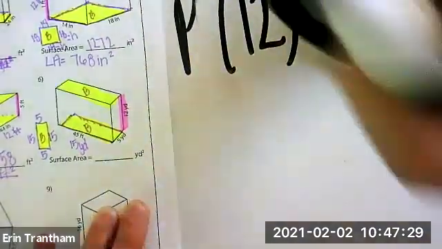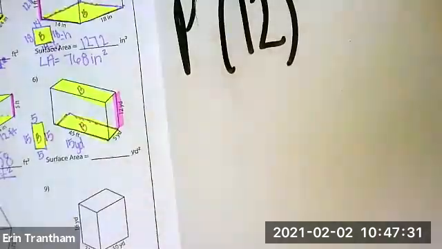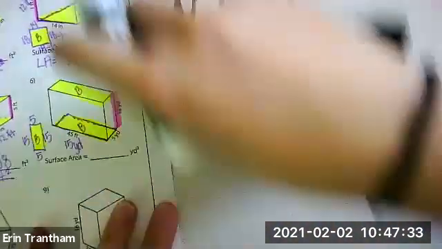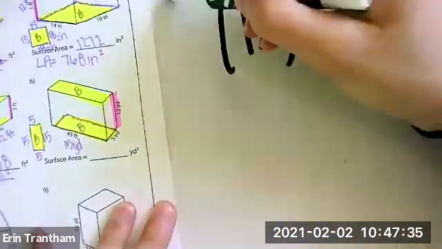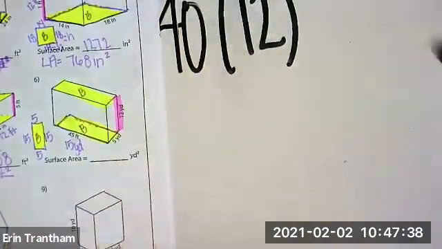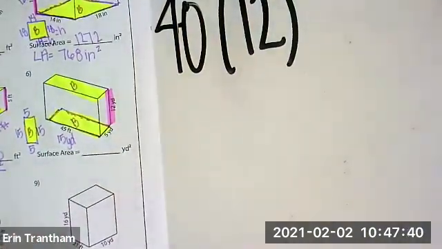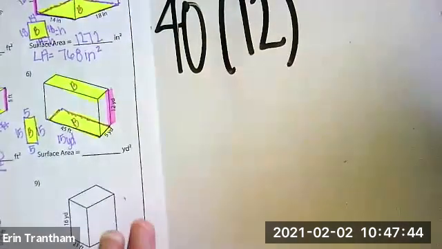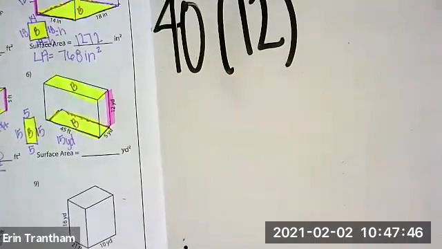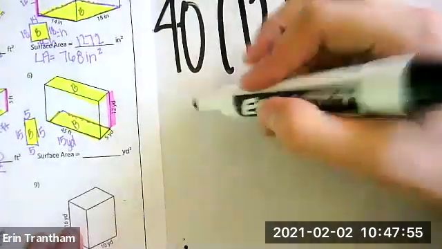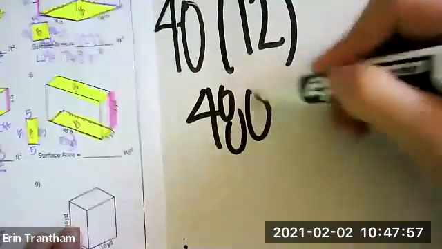And our perimeter of the box is 15 plus 15 plus 5 plus 5, which is, anybody with me? 40. 40 times 12 to get your lateral surface area. What was it? 480. That's your lateral surface area.